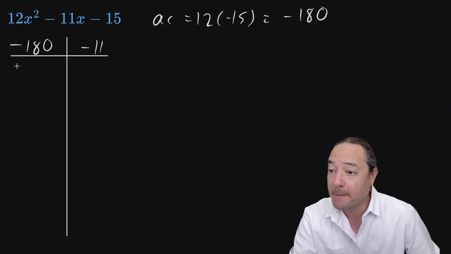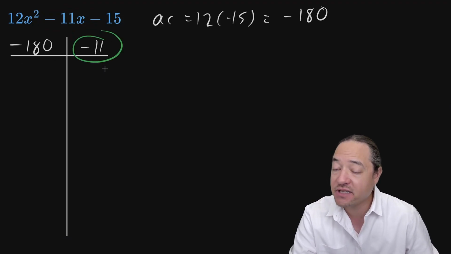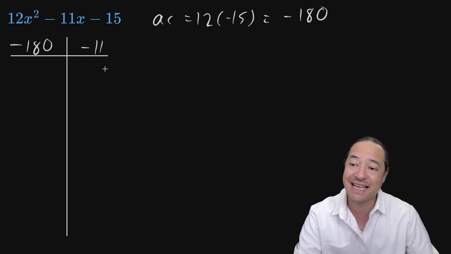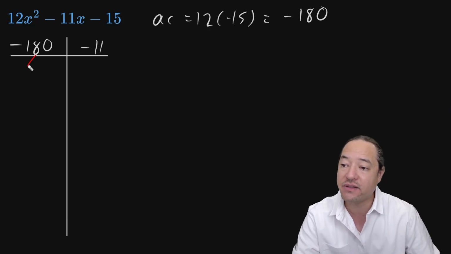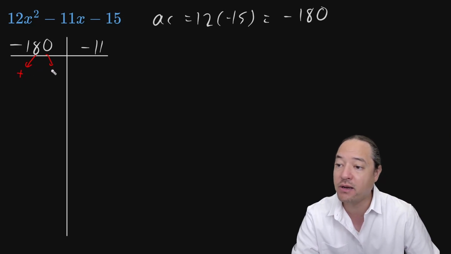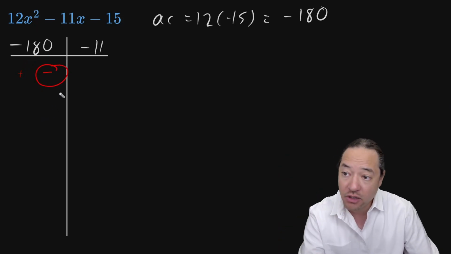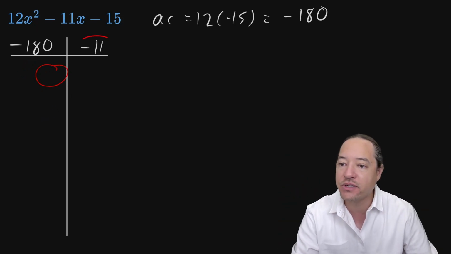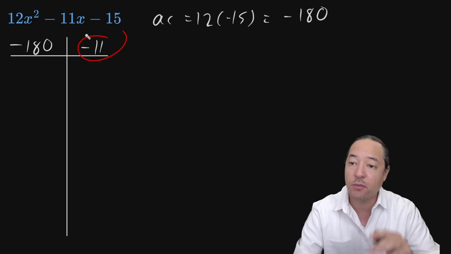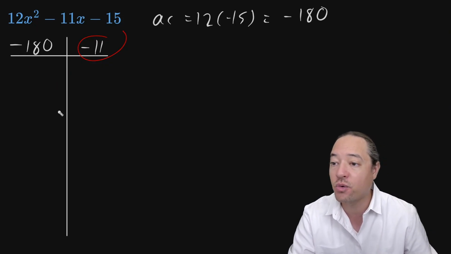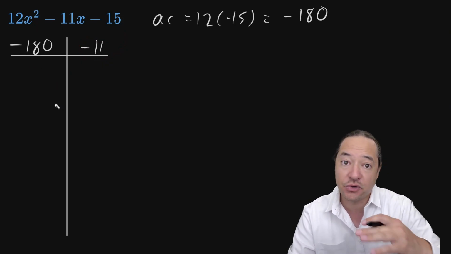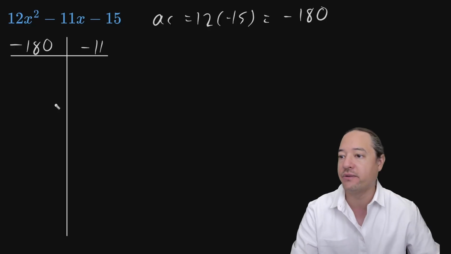So here we know that since they have to add up to give us a negative number, when I break this up, one factor will be positive, one will be negative. The negative factor must be bigger, so that when I add them together, I'm going to get a negative number. So I'm only going to consider factors where the negative number is a larger absolute value, okay?